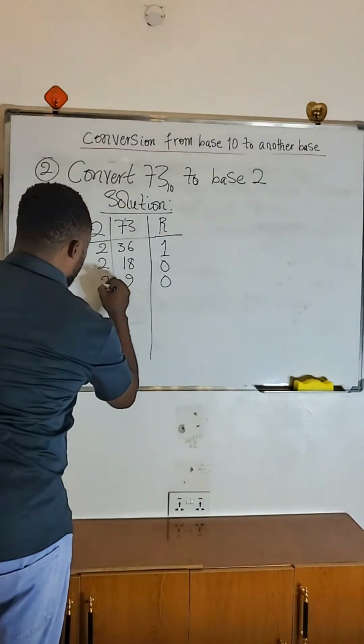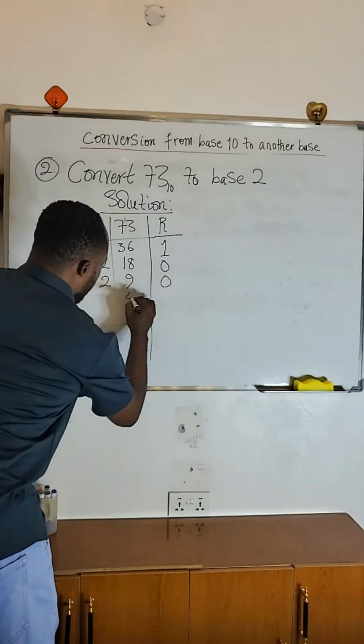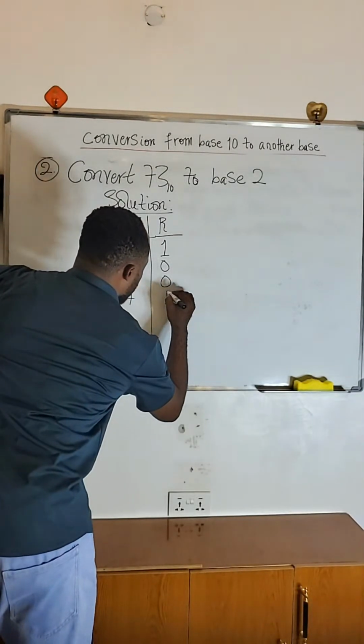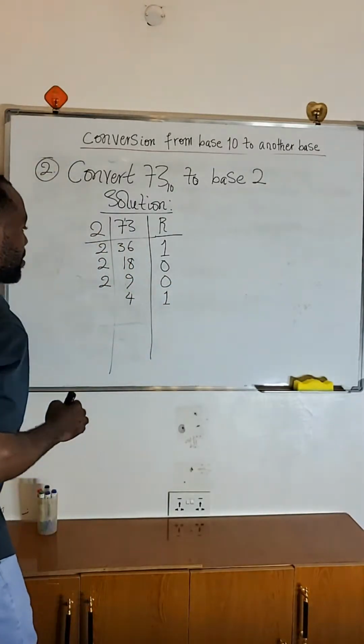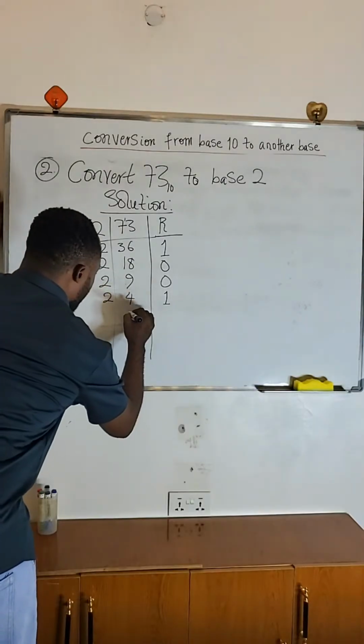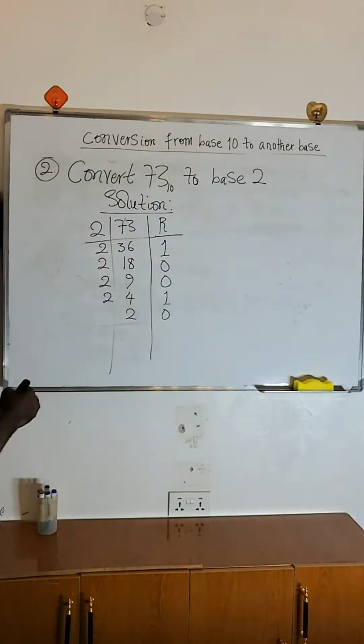Again, 2 goes into 9, 4 times. Remainder 1. And then 2 goes into 4, 2 times. Remainder 0.